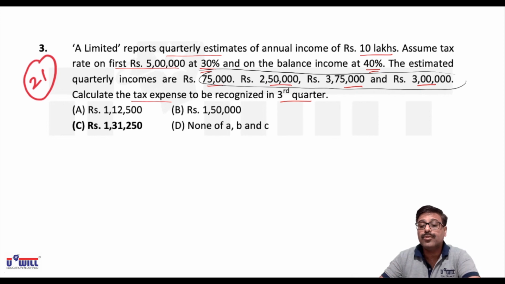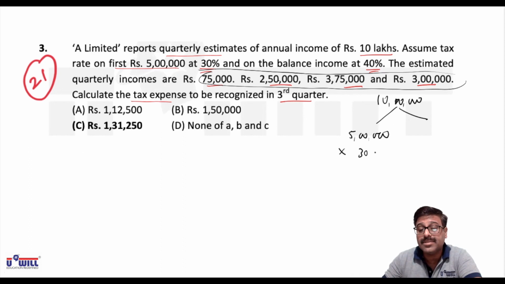So from total income of 10 lakhs, first 5 lakhs, the tax rate is 30%, so that will be 1,50,000. The remaining 5 lakhs, the tax rate is 40%, so that will be 2 lakhs. So total tax expense is 3,50,000.